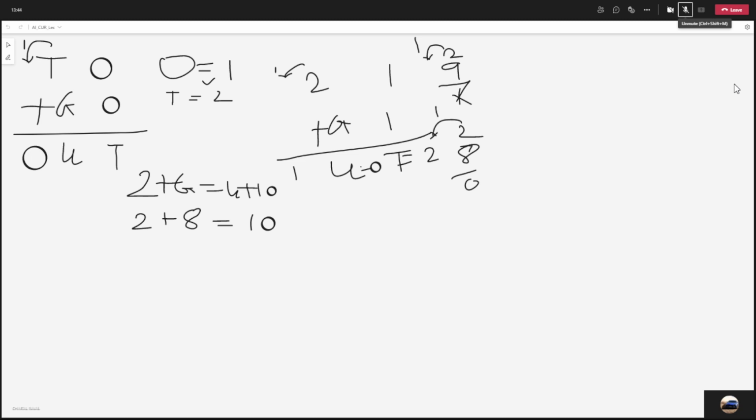Okay, that is fine with us, because 0 is not assigned to any other alphabet. And the value of U can be any number from 0 to 9 except the one which is assigned. So the value of G equal to 8 and the value of U equal to 0 is also valid. Just a second.